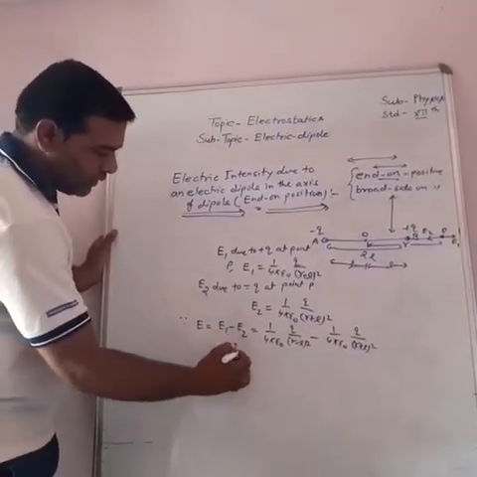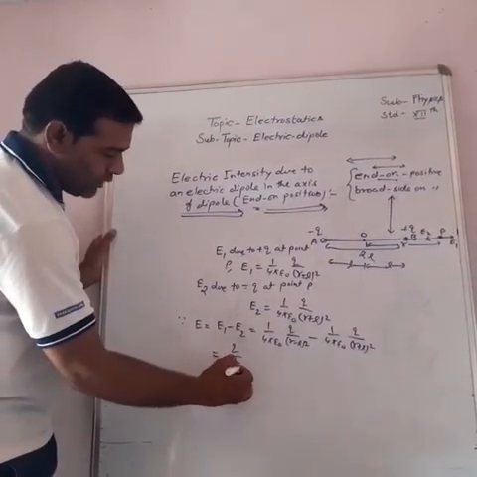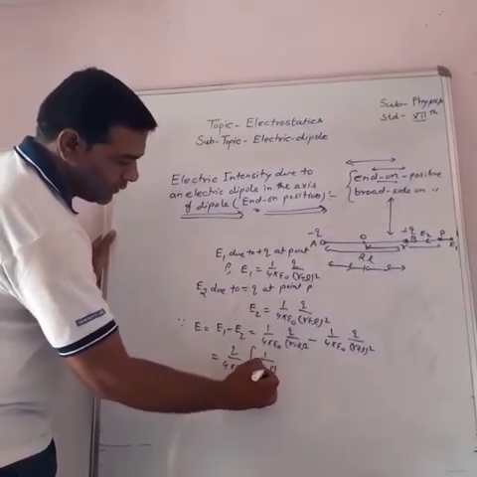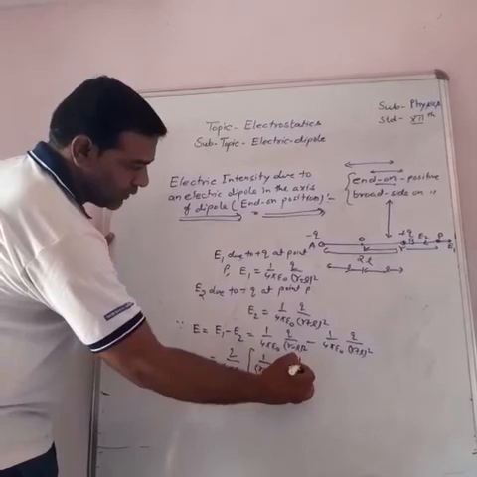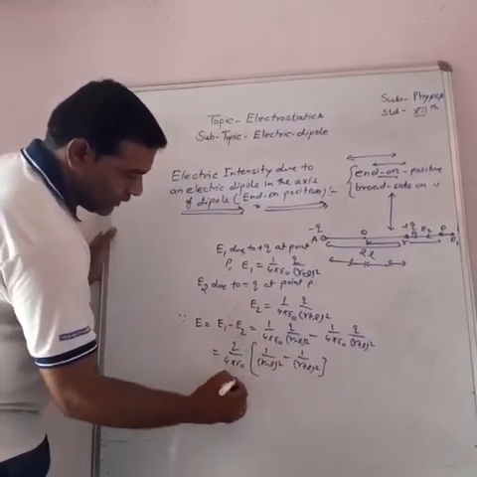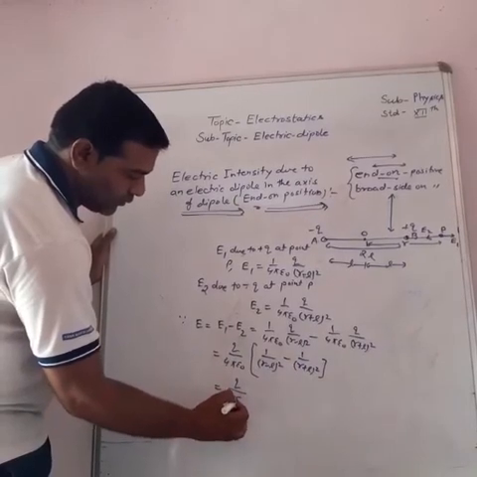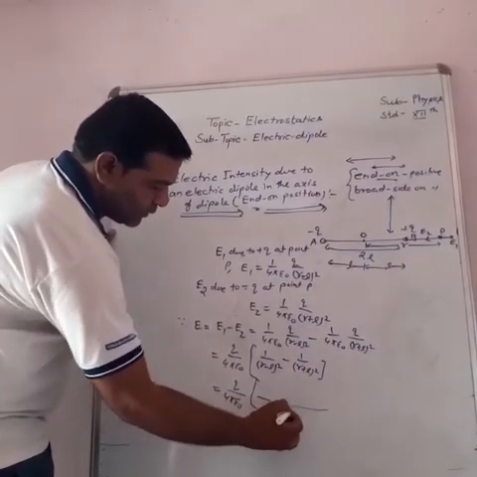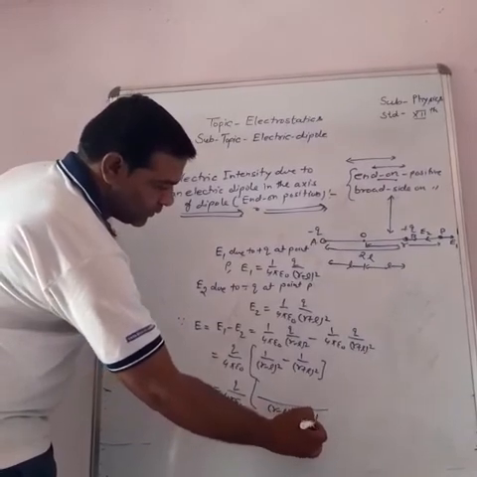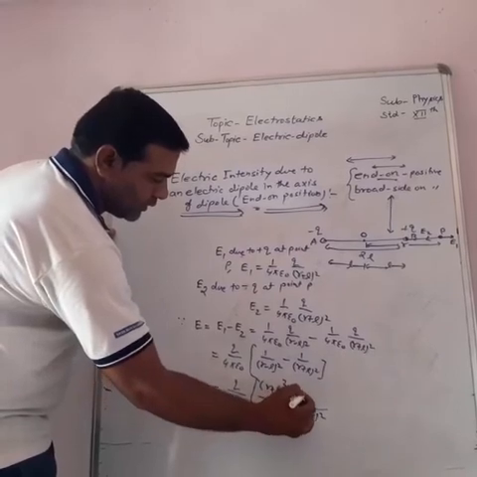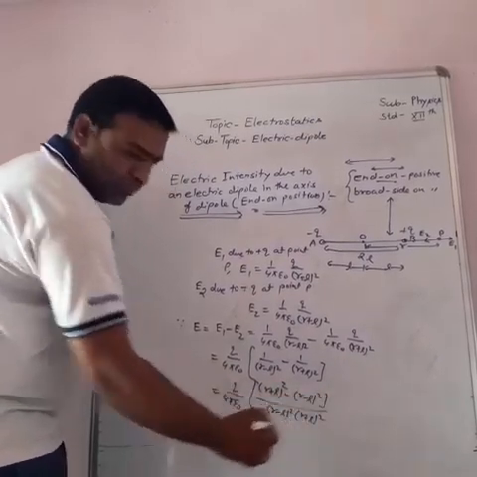From here, q upon 4 pi epsilon naught is taken common. On solving this bracket, we get R plus L whole square minus R minus L whole square, upon R plus L whole square into R minus L whole square.